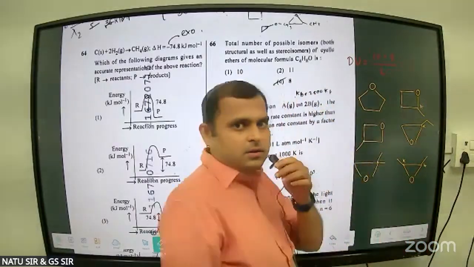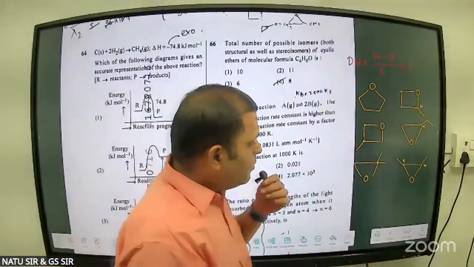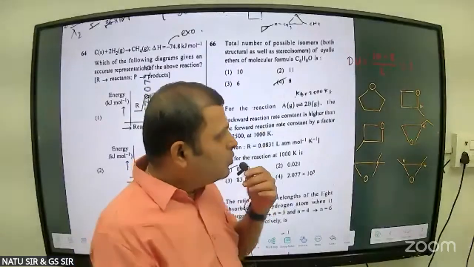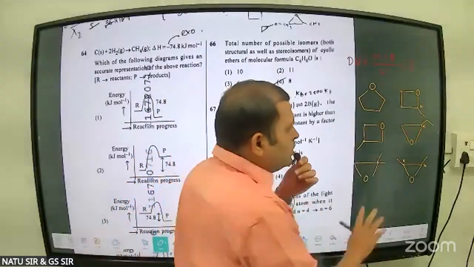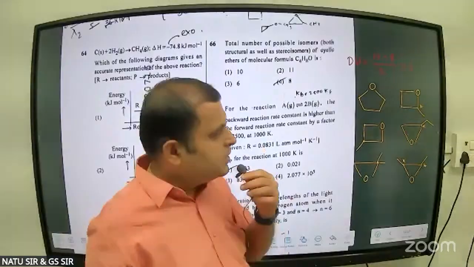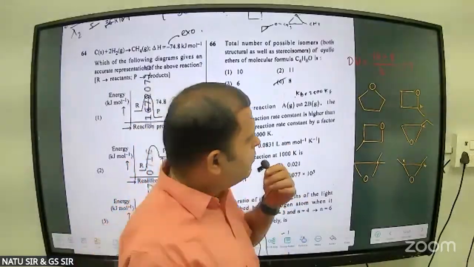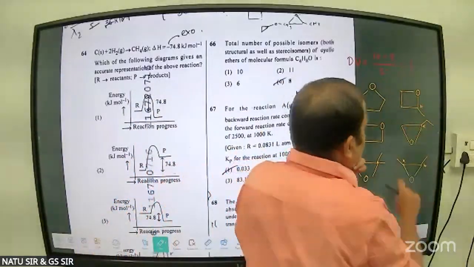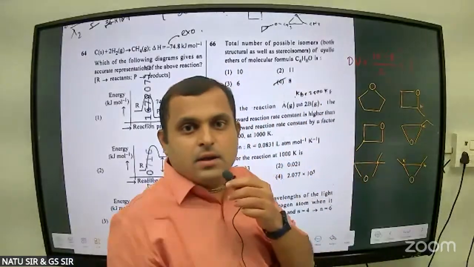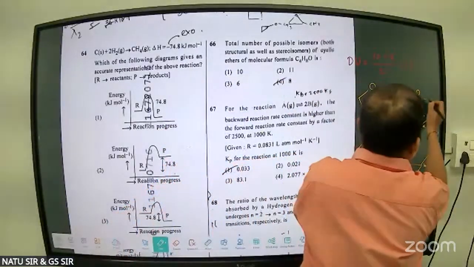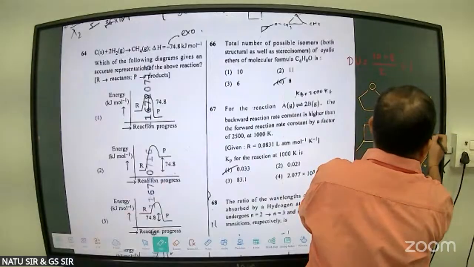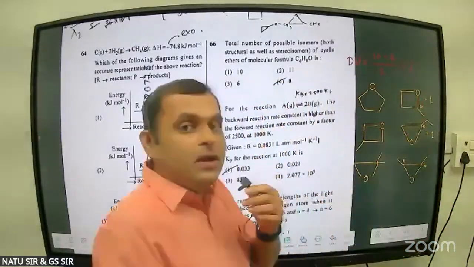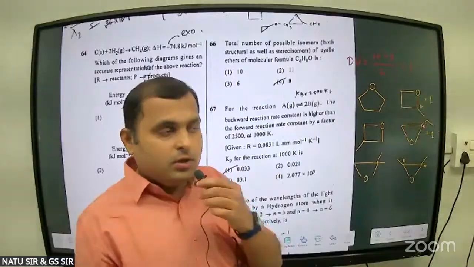This has two chiral carbons, right? So it will have a total of three. This one will not have any stereoisomer. There will be only one single molecule. But the first and second, because they have one chiral carbon, will have one enantiomer also. And for this one, there will be a total of three isomers formed.